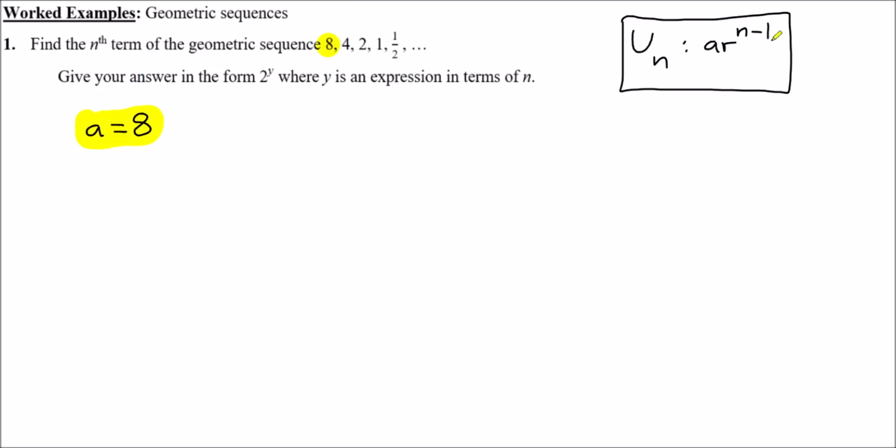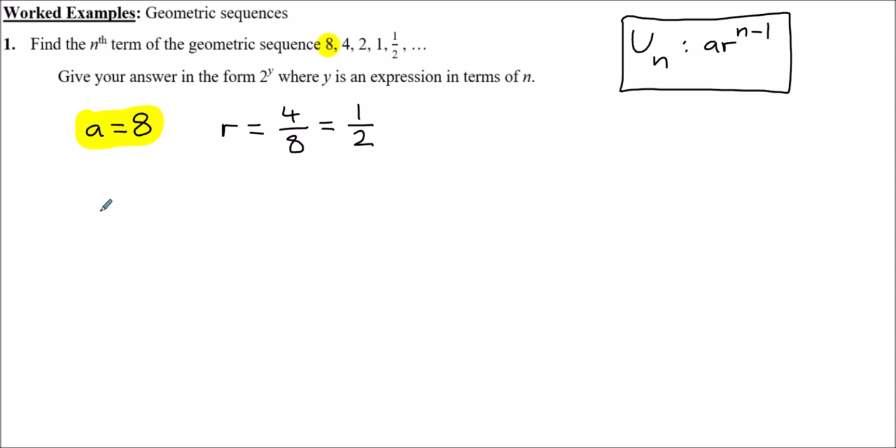The second ingredient we need is to work out the common ratio. So the common ratio we can work out by just taking one term and dividing it by the term before. So if I take 4 and divide by 8, the common ratio is 4/8, which of course is a half, which is what you can see. Each term is a previous one halved. Half of 8 is 4, half of 4 is 2, and so on, and so on.